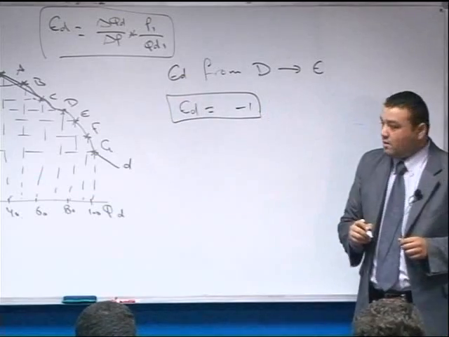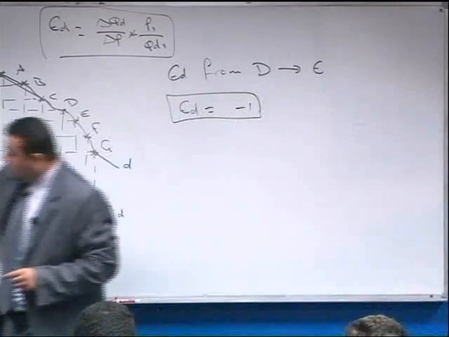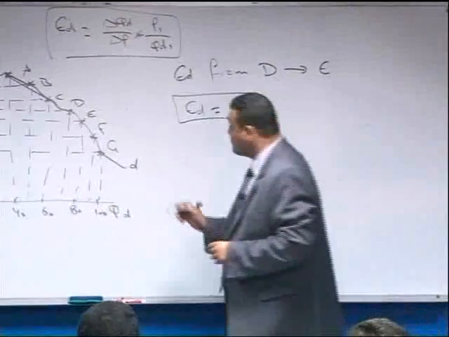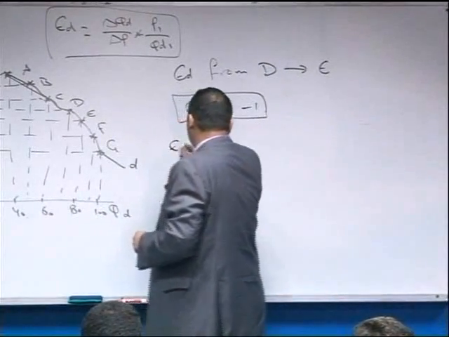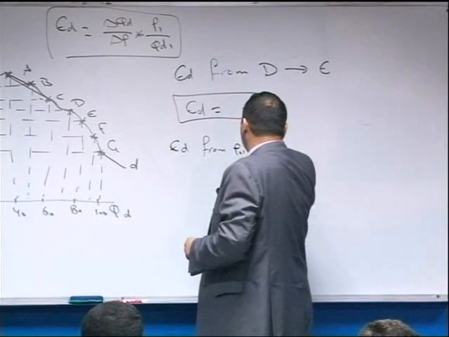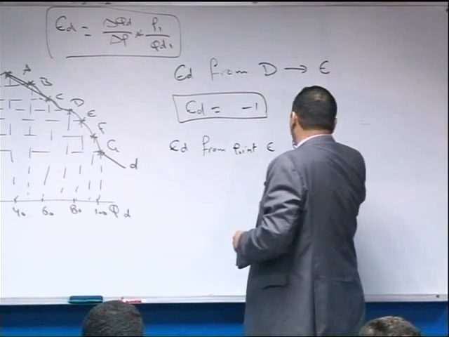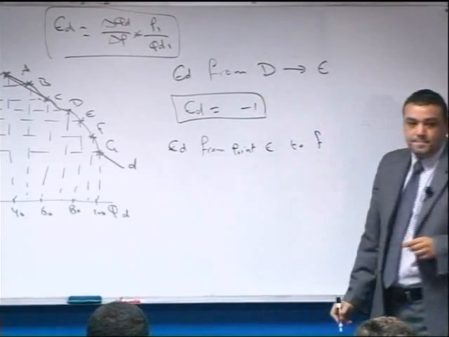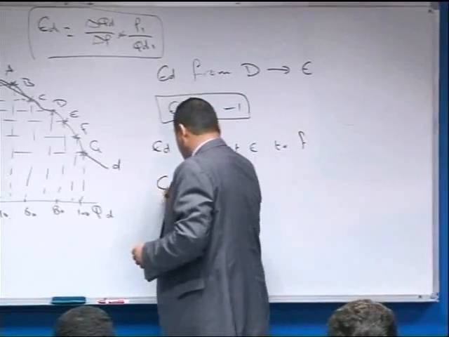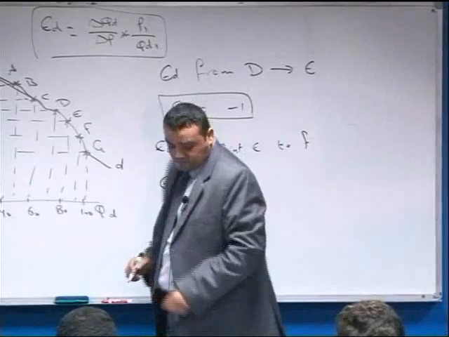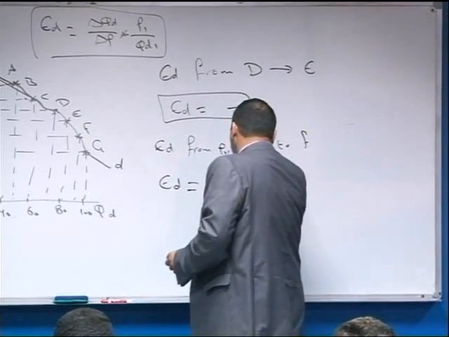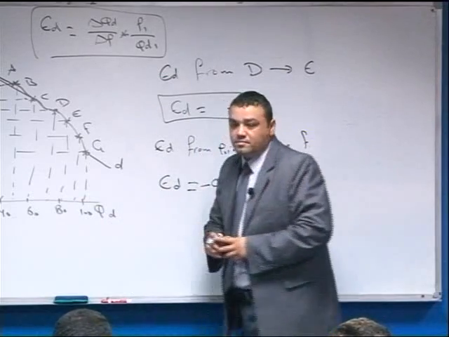Right? Okay. Now from E to F, ED from point E to F. After the calculations, ED equals minus 0.75.